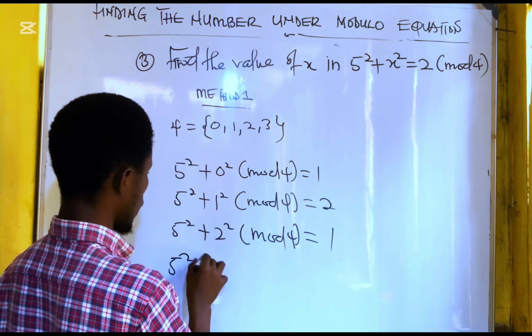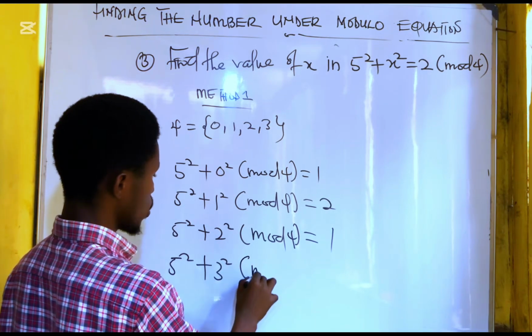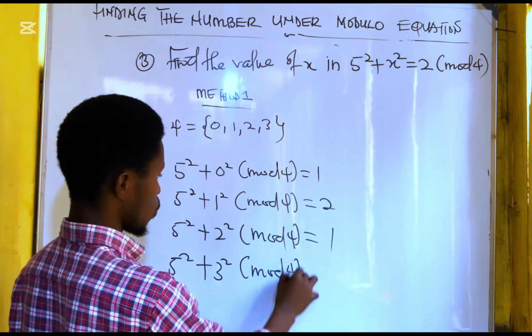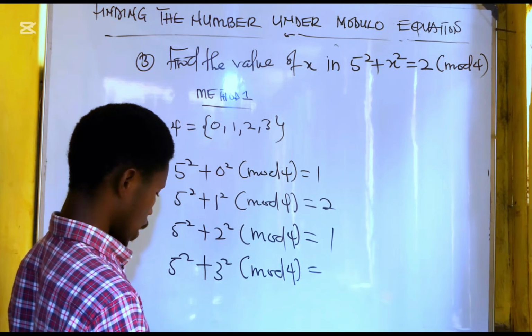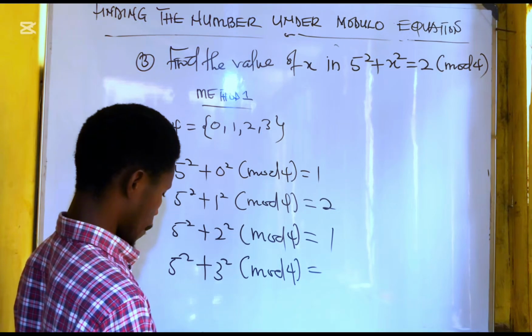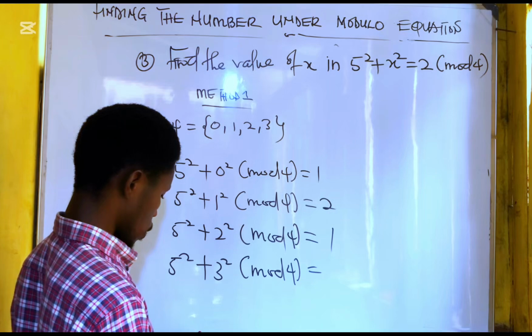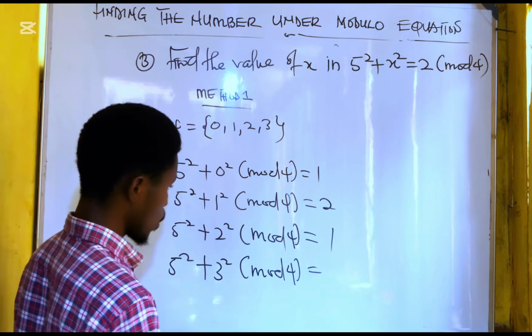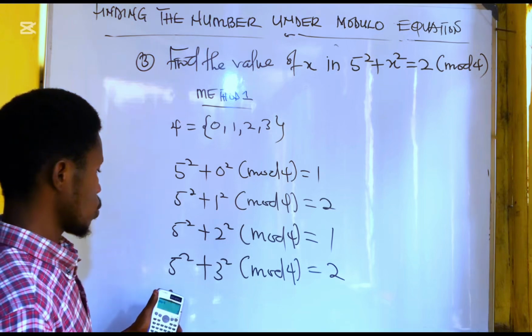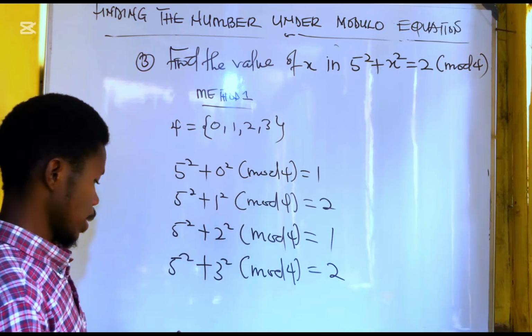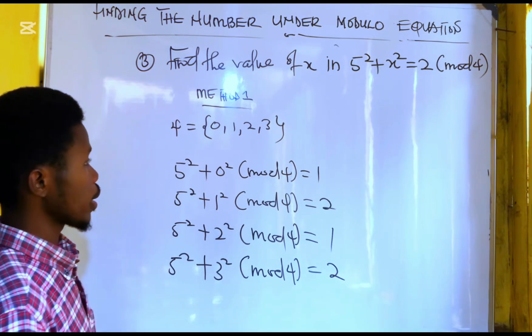So 5 squared plus 3 squared mod 4. So let's see, that will be 25 plus 9, which is 34. Is that okay? 25 plus 9 mod 4 will give us 2.